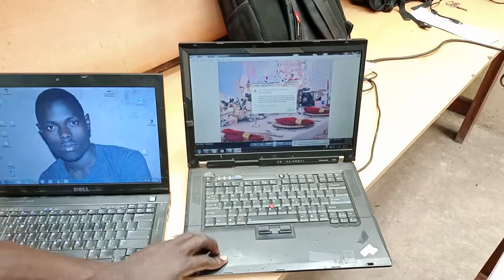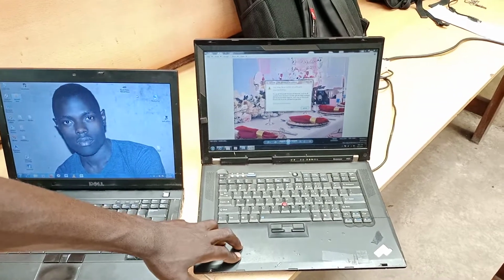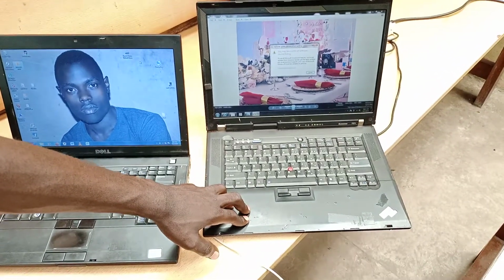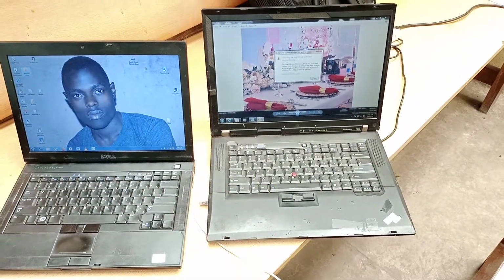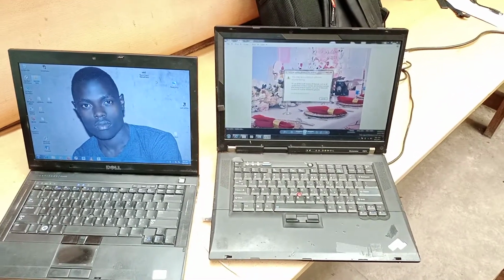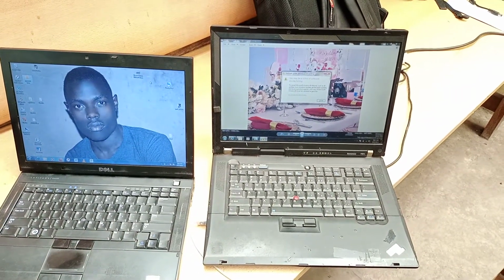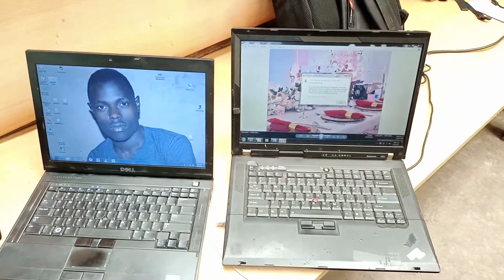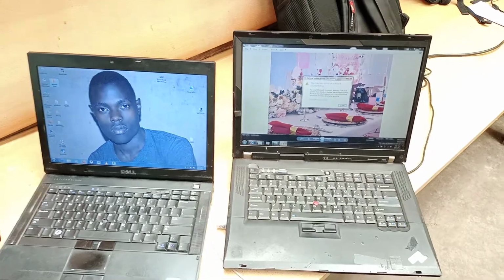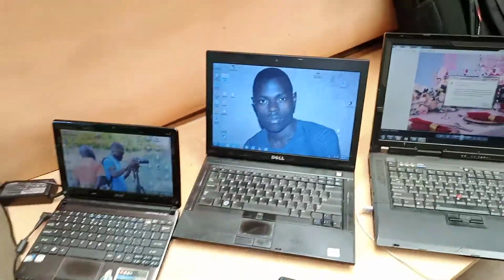But when you have installed a correct type of operating system, Windows, let us say 64-bit or 32-bit, and you have put in a correct RAM, which is very good, and maybe the ROM is okay, they tend to do very well. So all these types of computers you're seeing here are very interesting in case you want to have one. Each and everything will be fine.